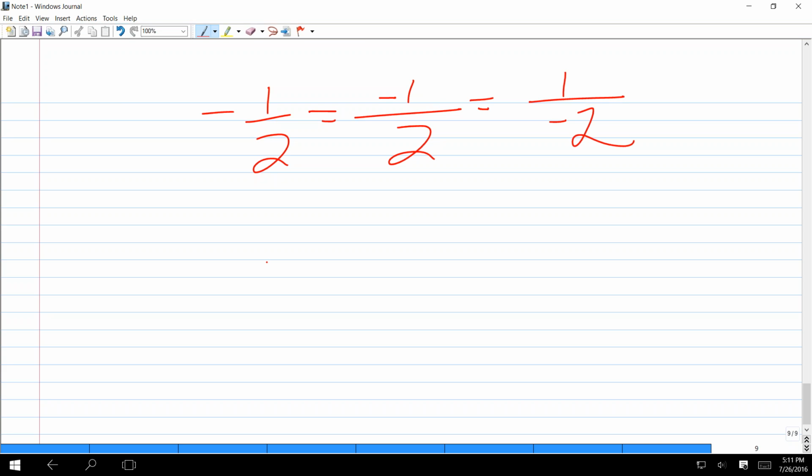Now, if I had this, that's different. That becomes positive 1/2. But all I'm trying to say is that it doesn't matter whether your negative sign is in the numerator, the denominator, or out in front of the ratio. They all mean the same thing.